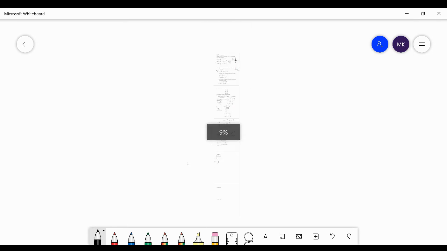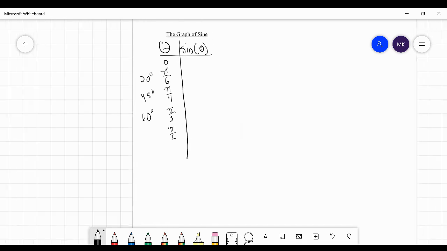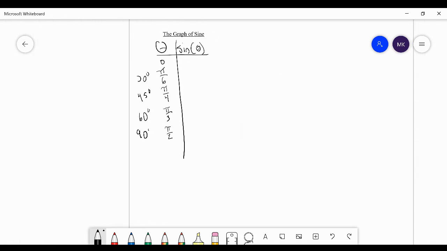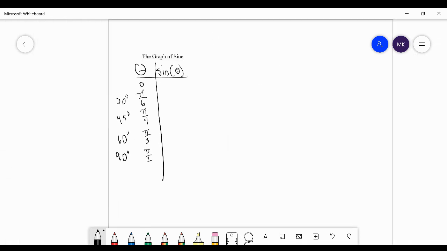This is 90 degrees. Remember, sine is the y value. If we have our angle in standard position, 0 degrees, what's that y value? It's 0. So we have 0 over r, which is just 0.